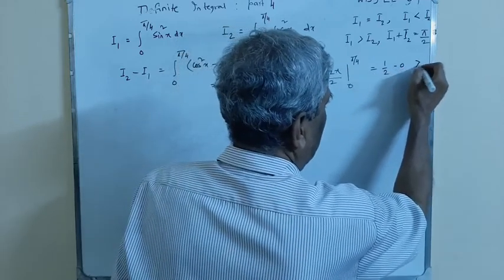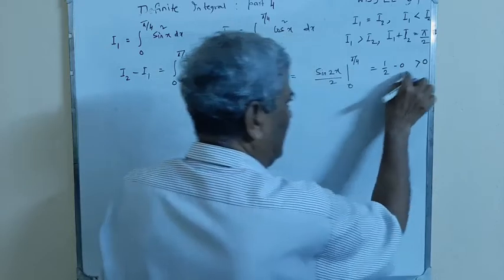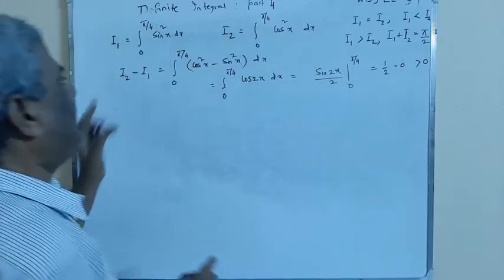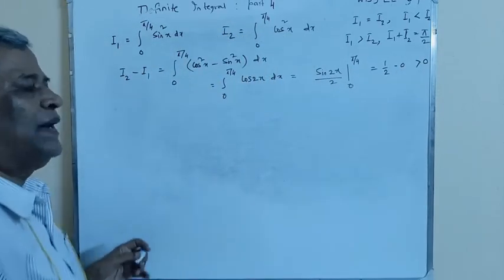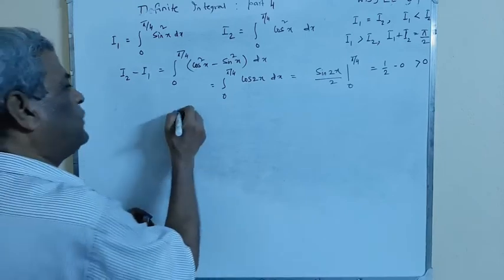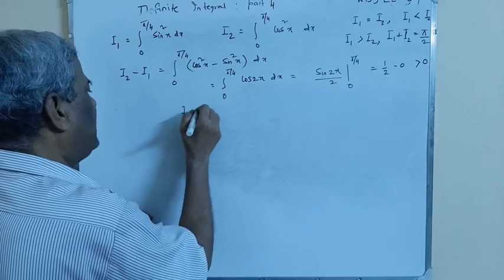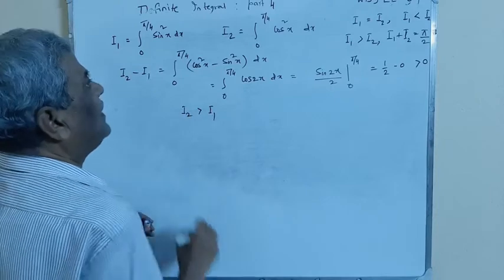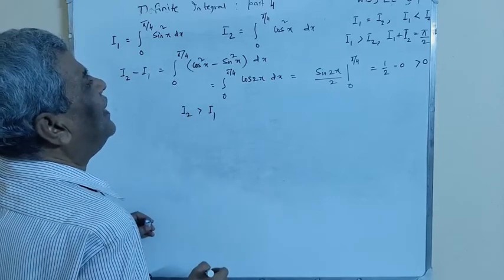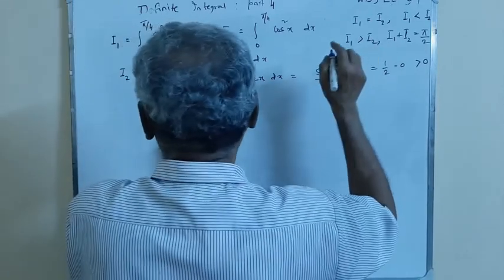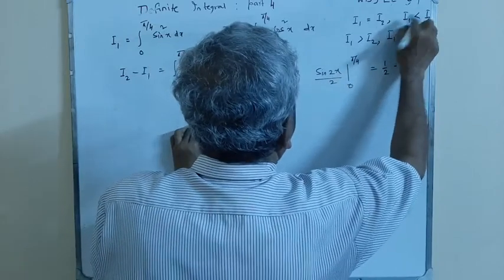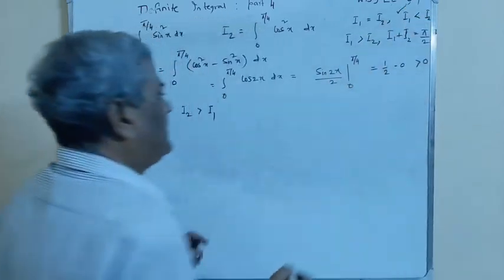It is in fact positive. Half minus 0 is positive. So we get I2 minus I1 is positive, so that we get I2 is greater than I1. So this option is correct.